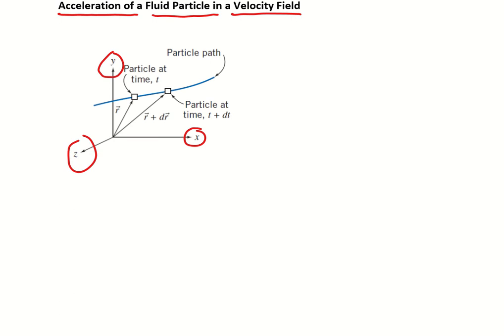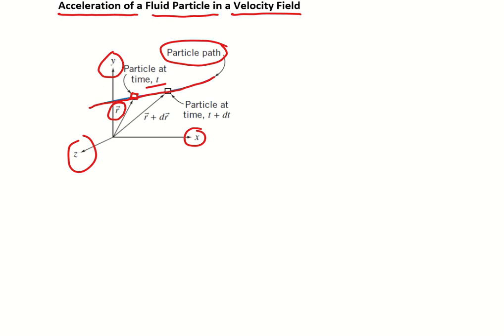In any flow field, this line is representing the particle path over time. So this was the particle at time t, and the position vector of this particle at time t is r bar.